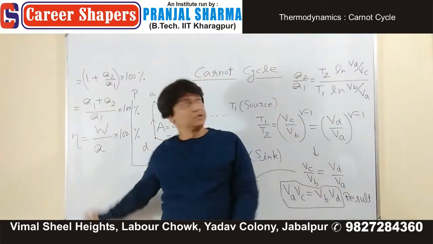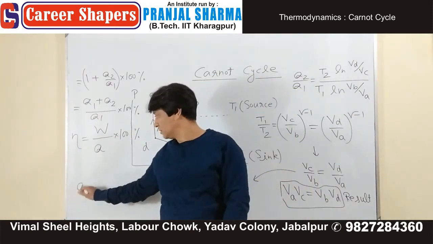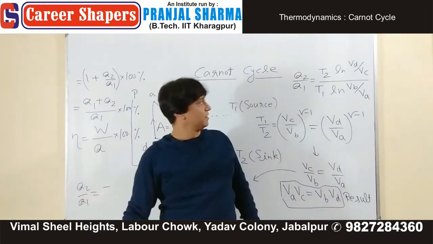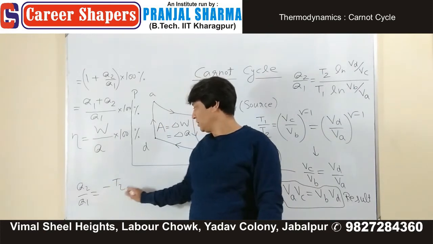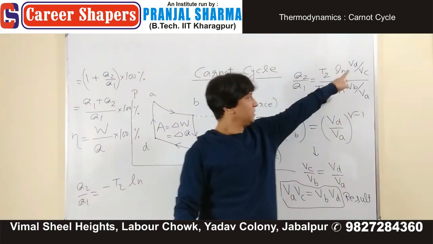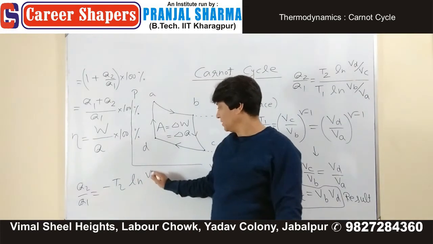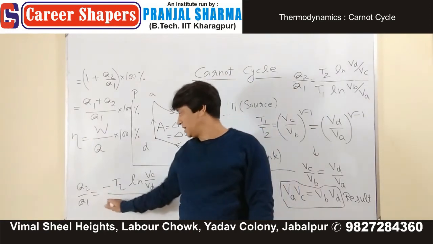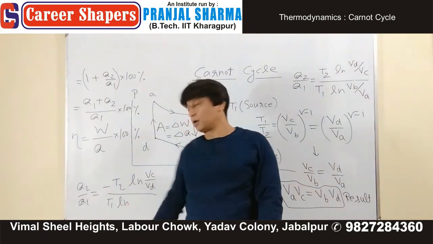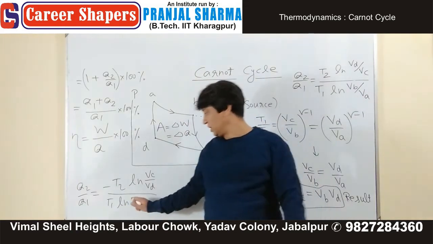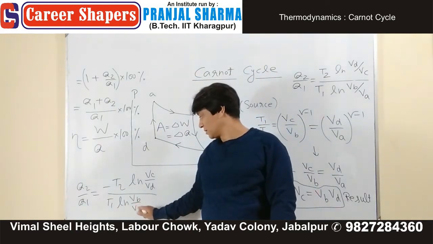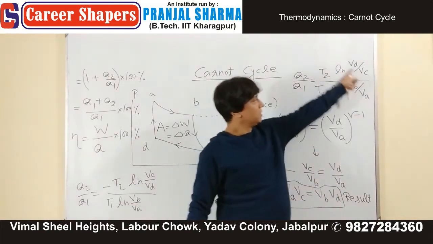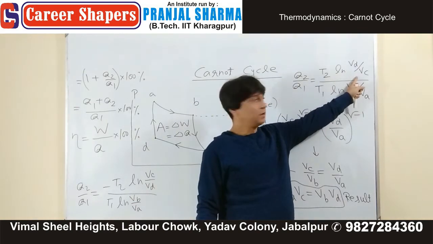Look here, this term of Q2 upon Q1, I can always write it in this form: negative of T2 log of VC upon VD, all divided by T1 log of VB upon VA. So what I have done, over here it was VD upon VC.